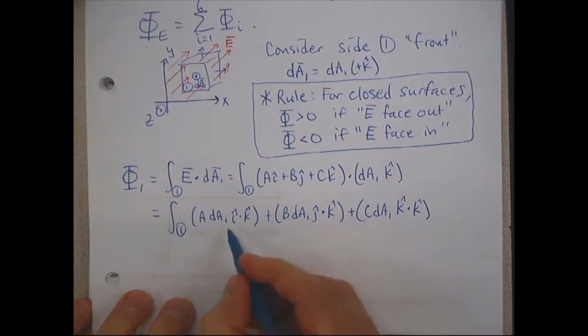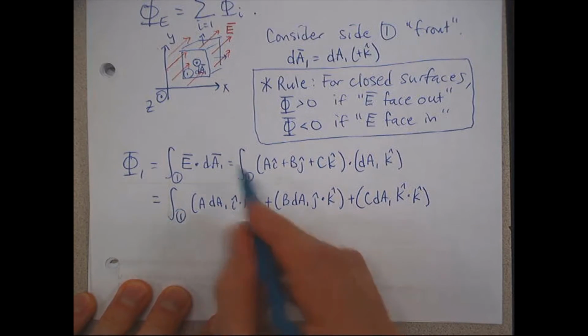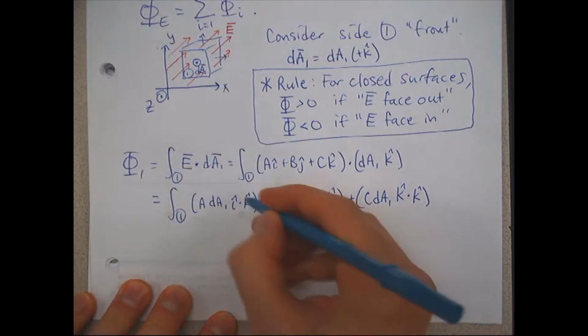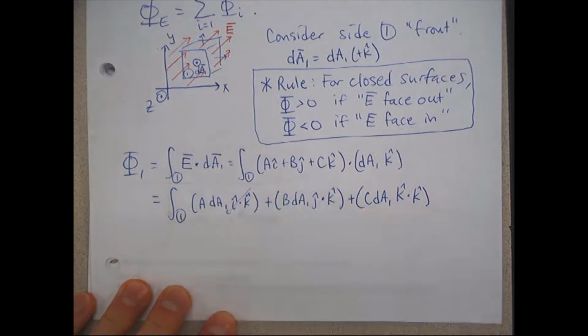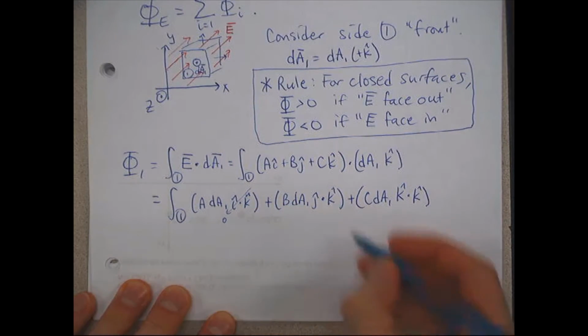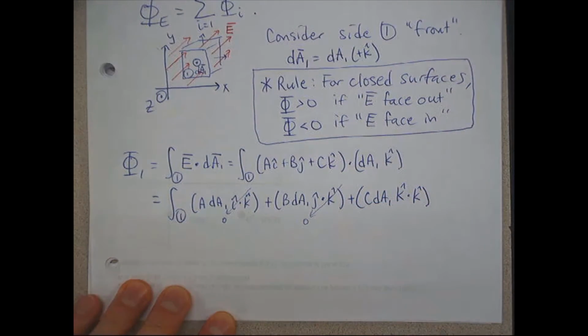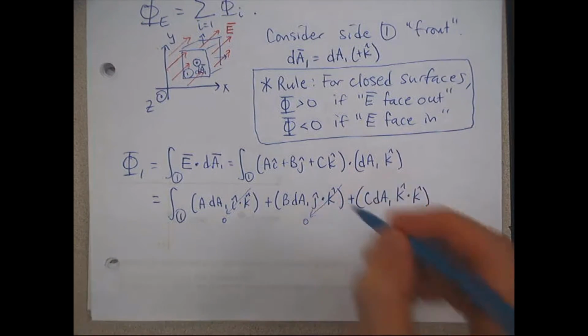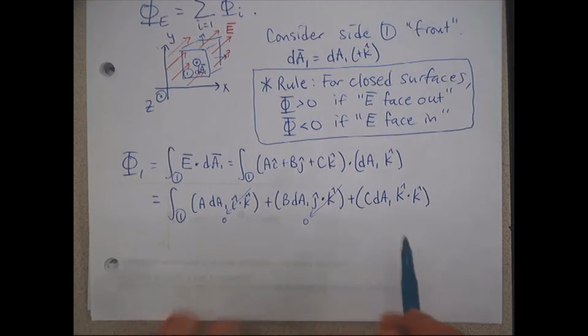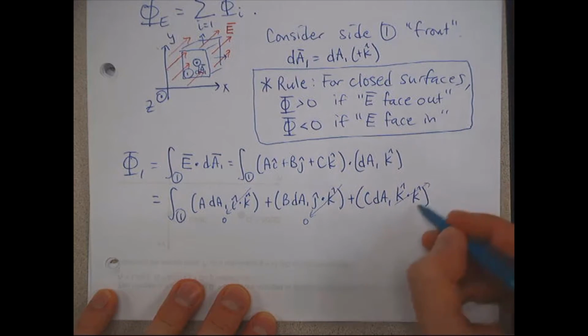So you'll need to review your rules about dot products. Of course, i hat and k hat are perpendicular. So when you dot them together, you have a cosine 90 that gives you 0. The dot product of any 2 unit vectors that are orthogonal is 0. So the only term that survives here is this k hat dot k hat.